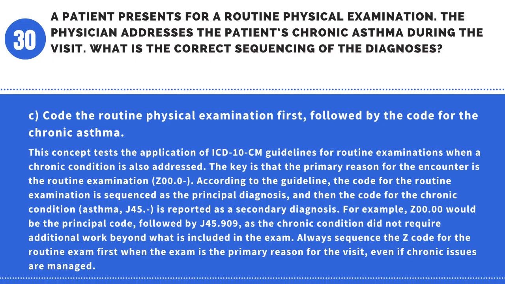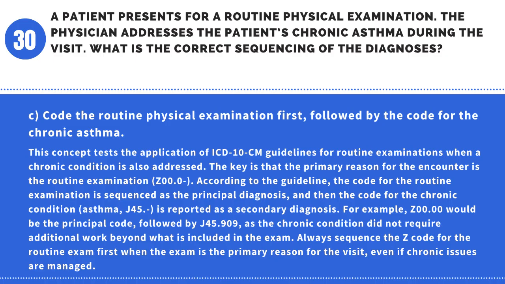This concept tests the application of ICD-10-CM guidelines for routine examinations when a chronic condition is also addressed. The key is that the primary reason for the encounter is the routine examination, Z00.0. According to the guideline, the code for the routine examination is sequenced as the principal diagnosis, and then the code for the chronic condition, asthma, J45, is reported as a secondary diagnosis.